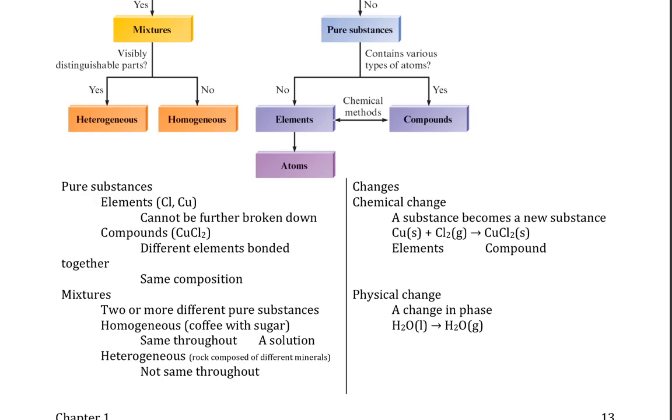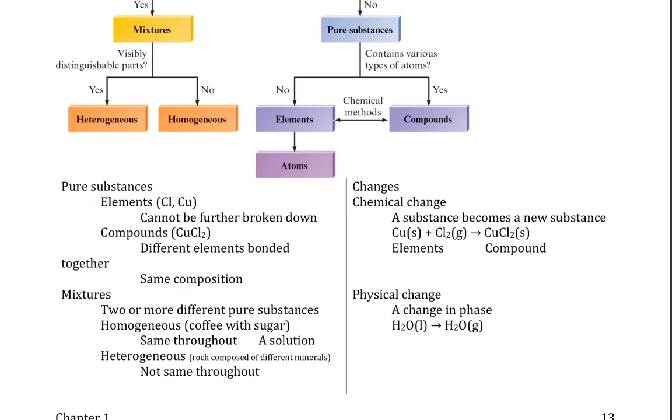Now, mixtures are two or more different pure substances. So they are composed of different substances that we could have a lot of, be it very concentrated. Like if we really have a sweet tooth, we might like a lot of sweetener in our coffee. Or we might not like any at all, or we might like only a little bit. So a mixture can have a variable amount of substances in it.